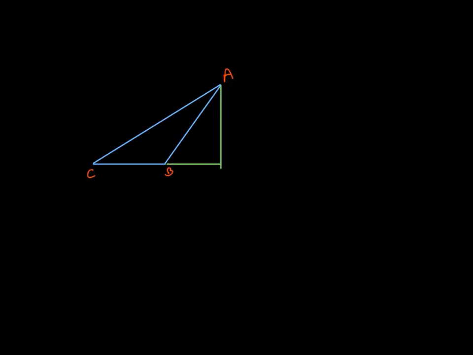To make proper altitude, I have to extend the side CB. So here this altitude AD is lying outside the triangle ABC when the triangle is obtuse angle triangle.